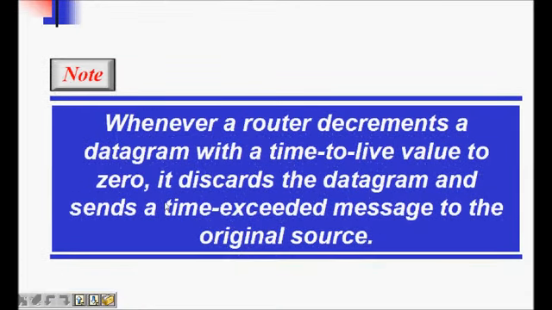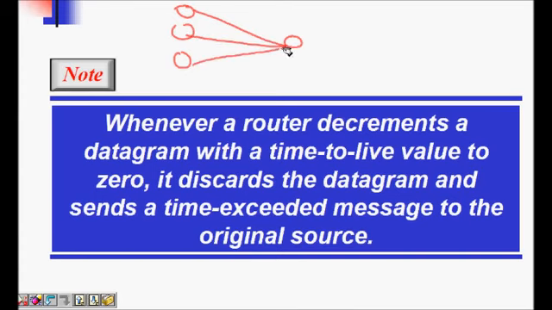Let's say 2-3 senders were pumping packets very fast to a receiver, which it could not handle. It will send a source quench message to all 3, asking them to send a little slower so that it can manage the processing of the packets. This way, the congestion will also decrease. So this is source quench.